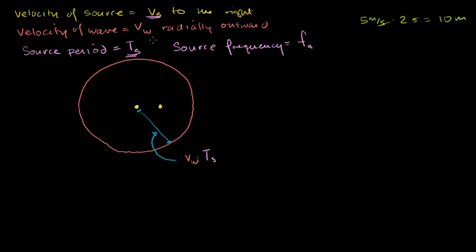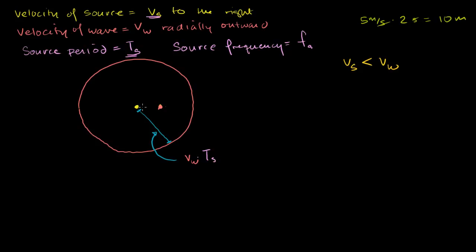And in this video, we're assuming that the velocity of our source is strictly less than the velocity of the wave. Some pretty interesting things happen right when they're equal, and obviously when it goes the other way. But we're going to assume that it's strictly less than. The source is traveling slower than the actual wave. But what is this distance? This orange reality is what's happened after t sub s seconds.